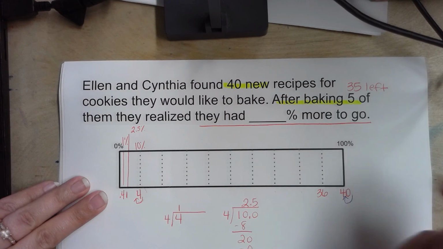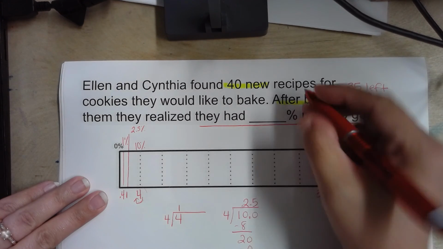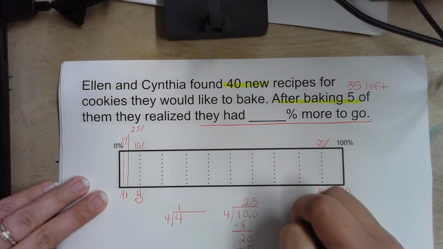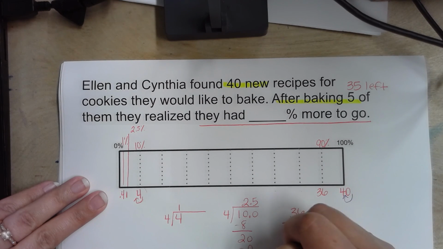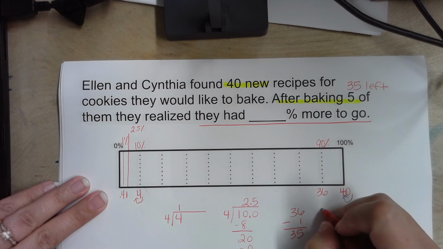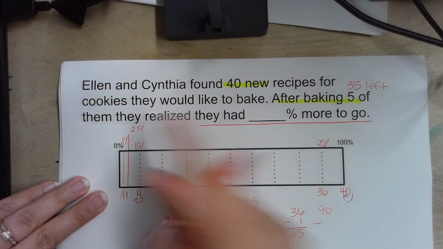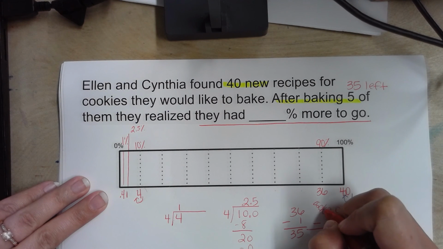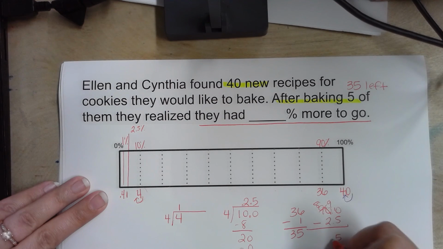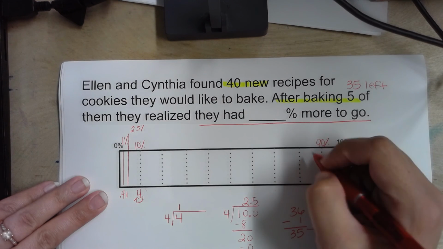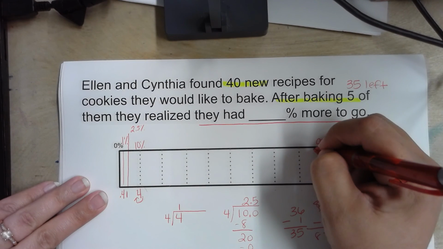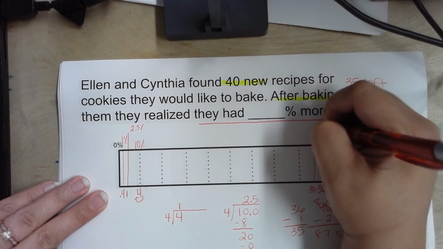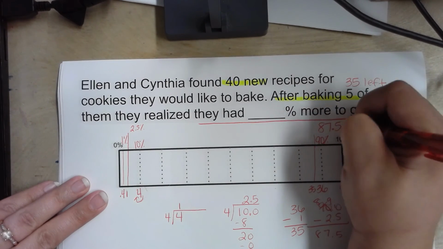Okay? So if I take this off right here, we know this is 90%. So I'm going to do 36 minus 1 to get 35, which means I want to do 90% minus 1, which we know is 2.5. So 35 recipes left is the same thing as 87.5%.